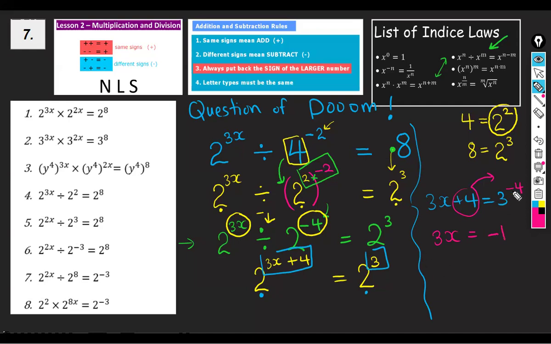Basic arithmetic, the 4 is larger than the 3. And then the 3 is a multiply, throw it across, you get a divide. So x is minus 1/3. For those who got minus 1/3, I will give you your imaginary $1 million as soon as possible. Right? Not positive 1/3, eh?